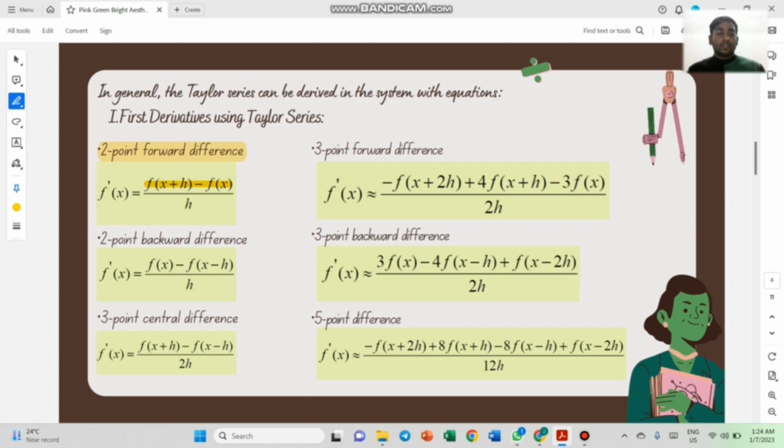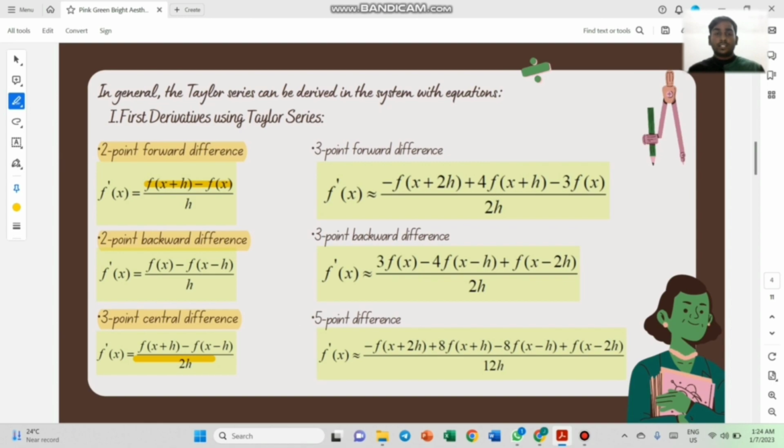For the second, the 2-point backward difference, the equation is f'(x) equals f(x) minus f(x minus h) over h. The third equation is the 3-point central difference: f'(x) equals f(x plus h) minus f(x minus h) over 2h.